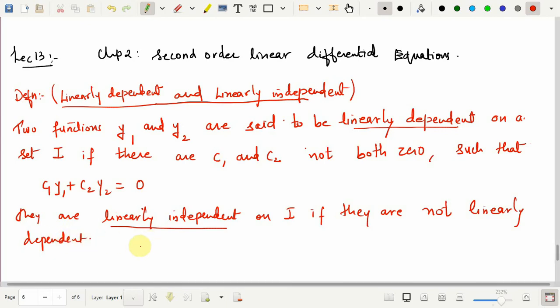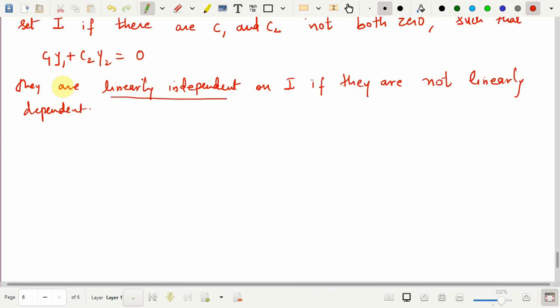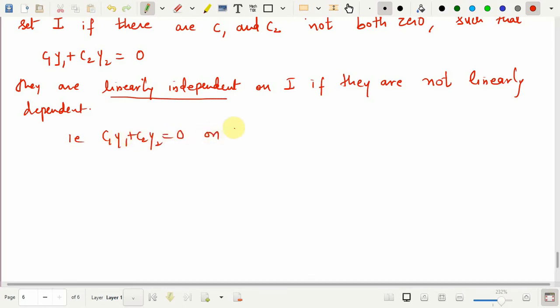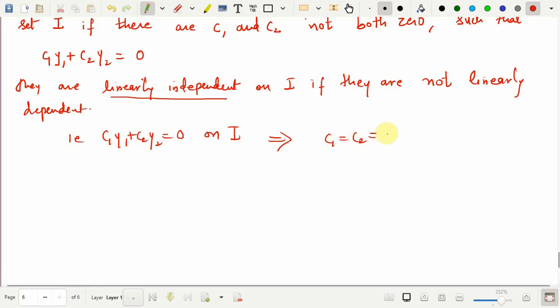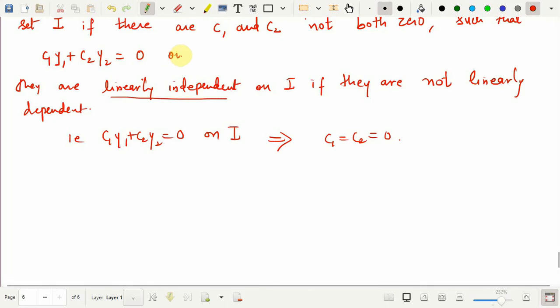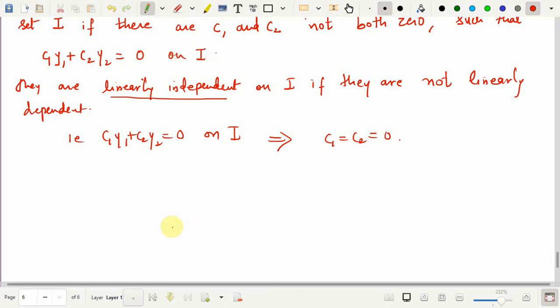Basically this means that whenever C1 y1 plus C2 y2 is equal to 0 on I, that should imply that C1 and C2 have to be equal to 0. So C1 y1 plus C2 y2 equal to 0 on I should imply that C1 is equal to C2 is equal to 0, and this is also because we are dealing with functions, this is on I. So that's the definition of linearly dependent and independent for two functions.